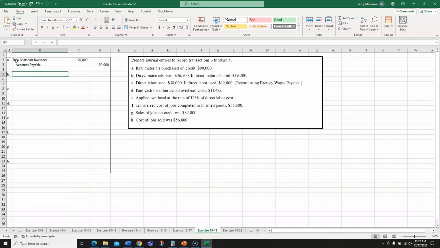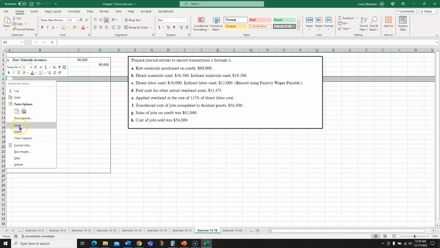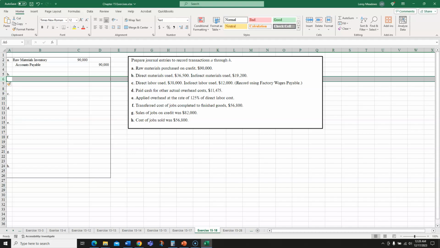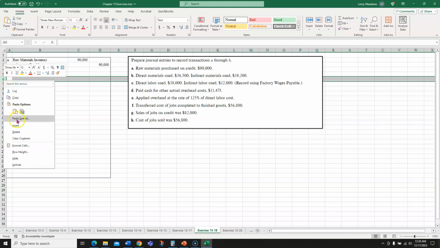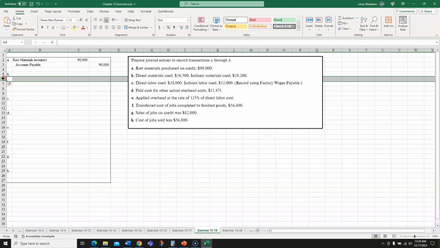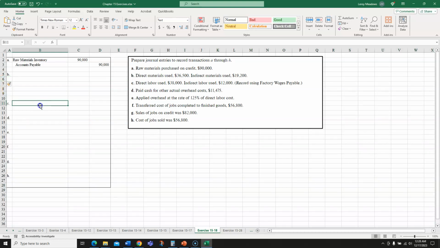Okay, so we really could do this as a compound journal entry. And let me add a few more rows here. And clear formatting.